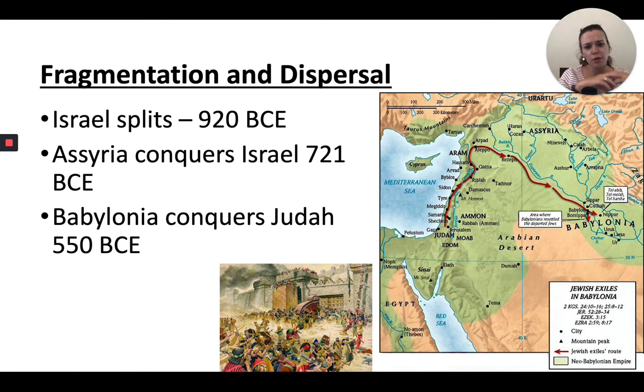So these people are living all throughout the Mediterranean and the Middle East. The result is some people will eventually make their way back to Israel, but a lot of people remain in the communities they are taken to. So the loss of political autonomy and exile sharpens Jewish identity.